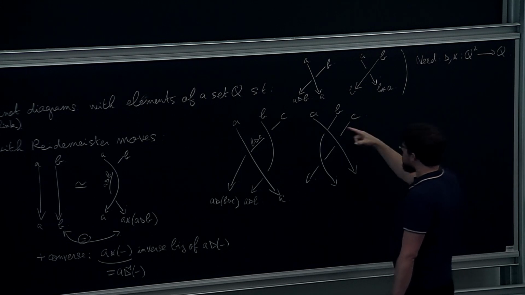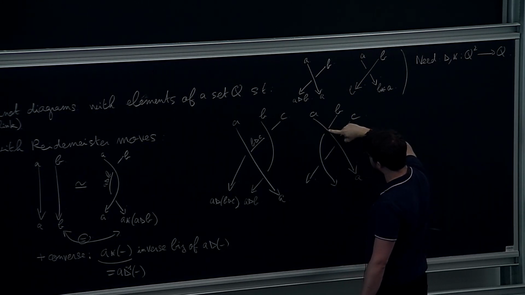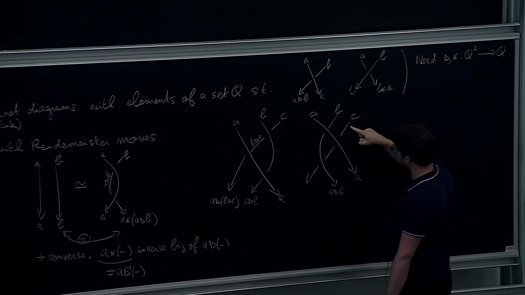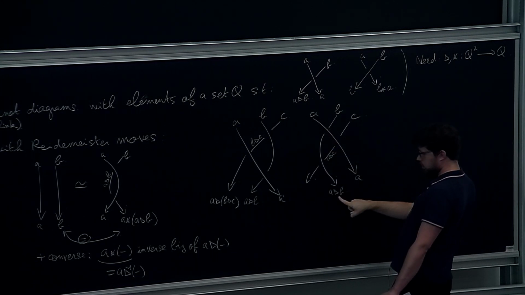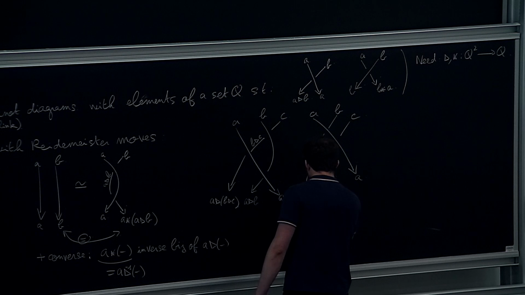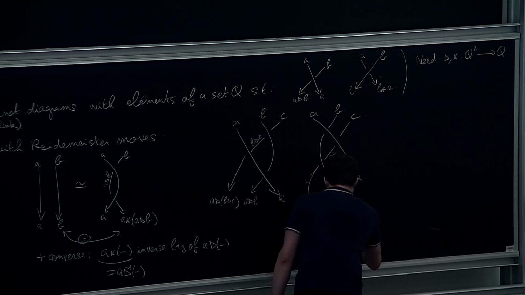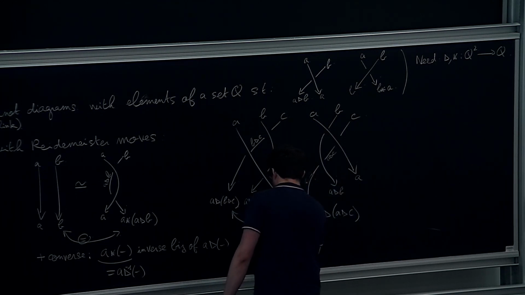On the other hand, here we have A, B is getting under A, so we get this, and here it passes under A, and then it passes under this one, so we get this, and I want these to be equal.